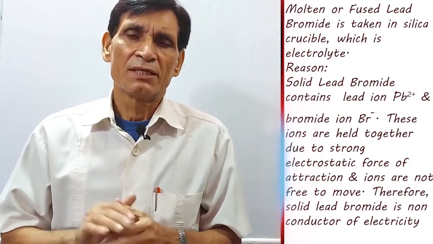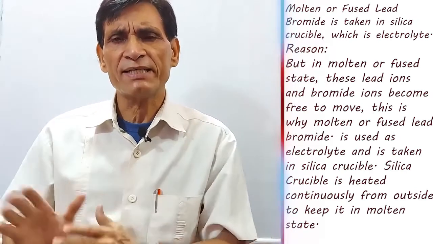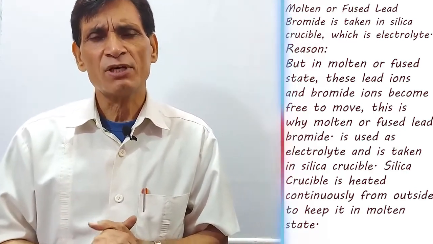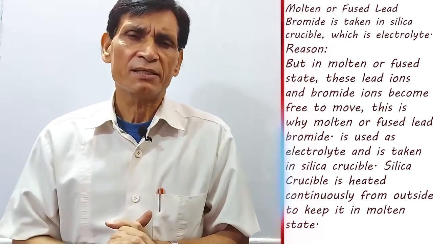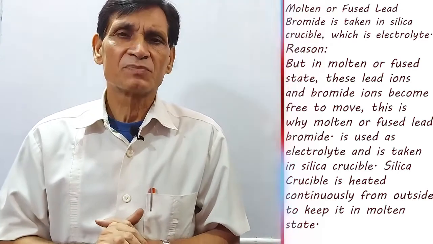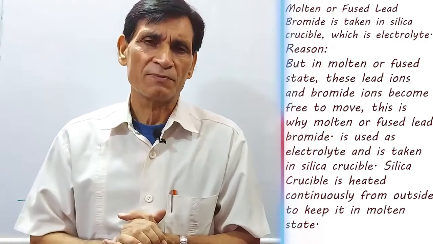But in molten or fused state, these lead ions and bromide ions become free to move. This is why molten lead bromide is used as electrolyte and is taken in the silica crucible.